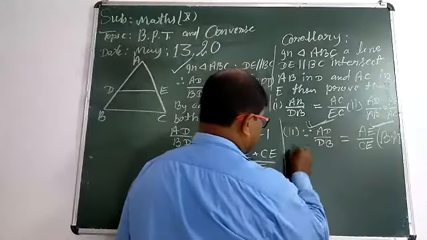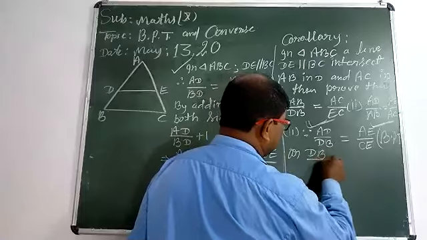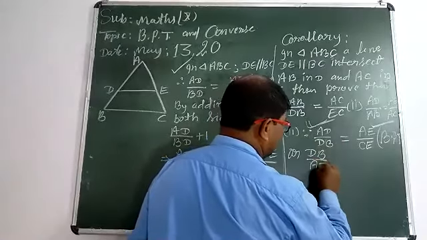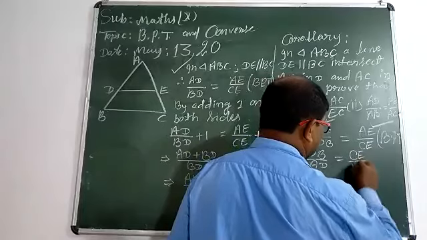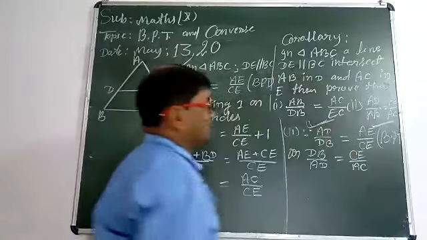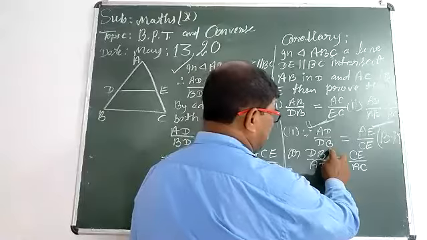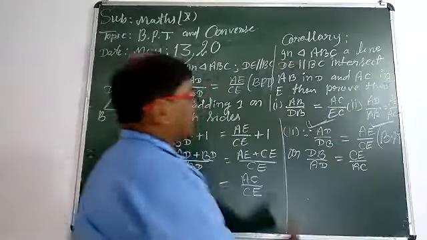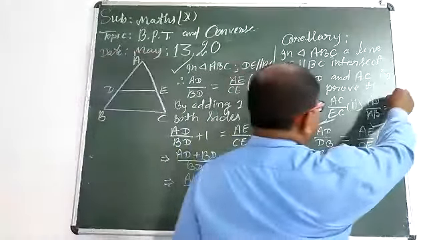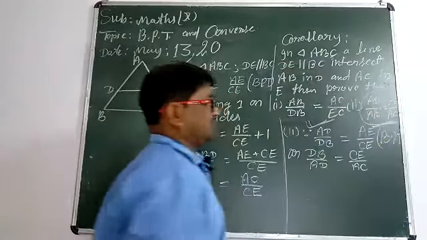Or, student, we can write it DB upon AD equal to CE upon AE. Converse of both LHS and RHS. AD upon DB equal to AE upon CE. We are going to check whether this condition will be possible or not.